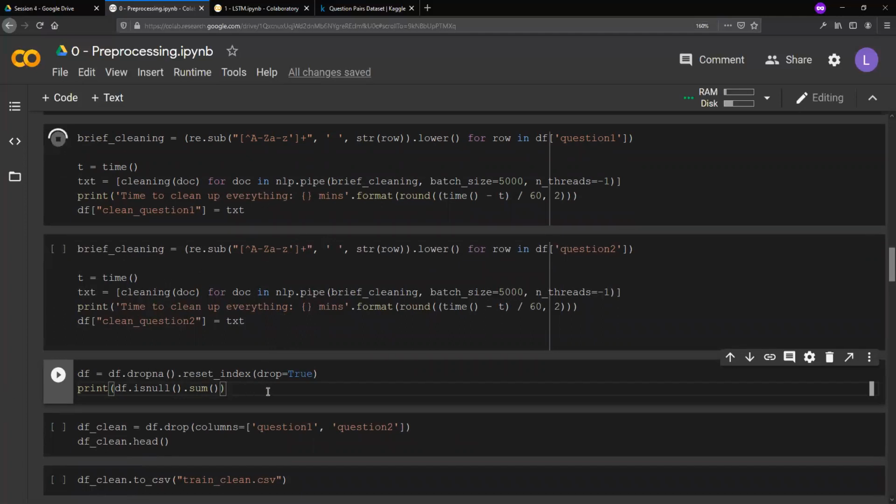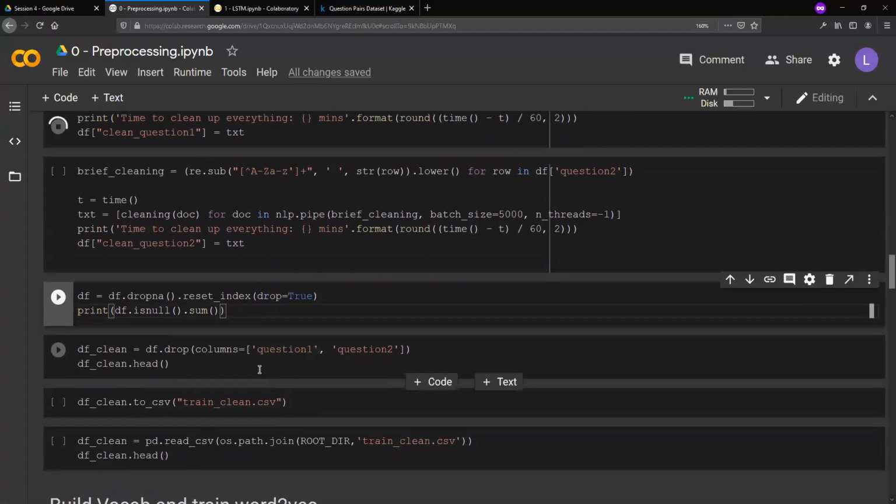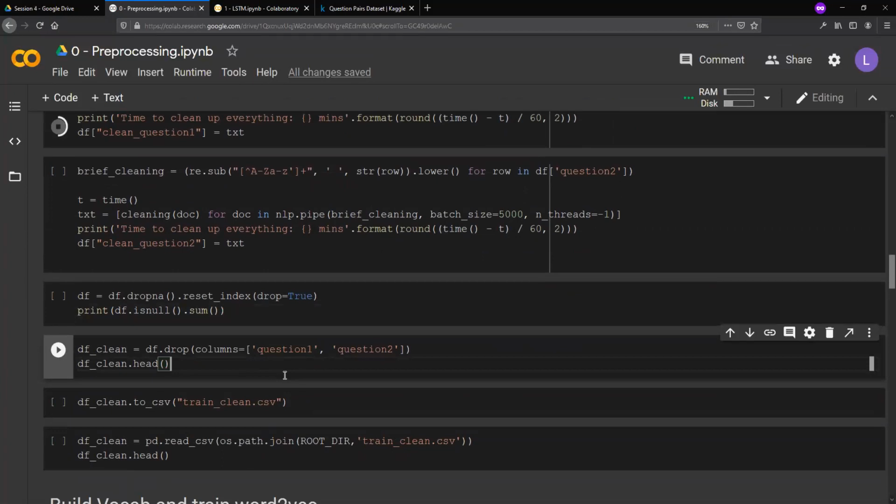So we want to go ahead and remove those entries as well. And in this case, I'm just dropping out the unpreprocessed columns and maintaining the preprocessed columns.